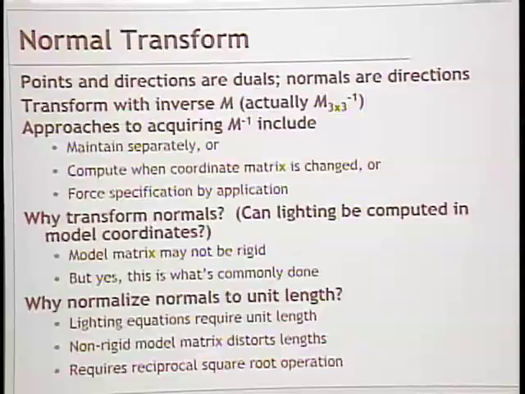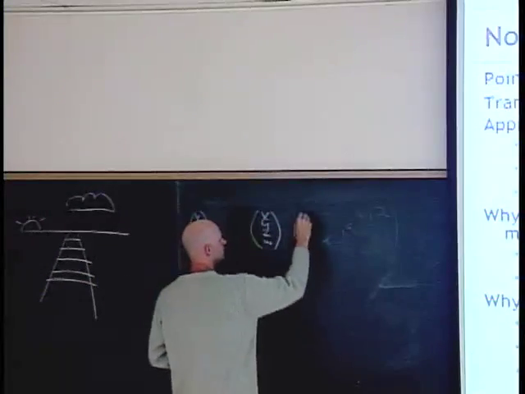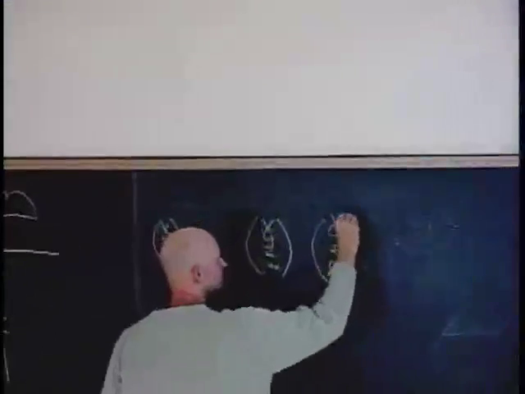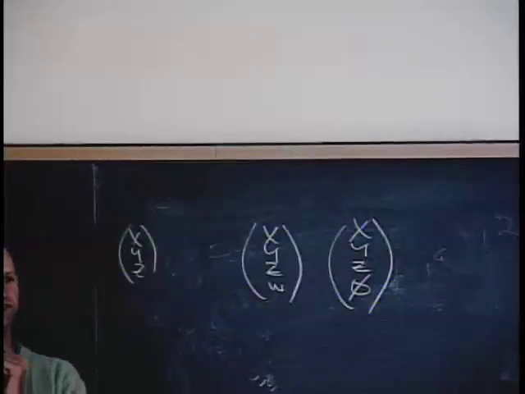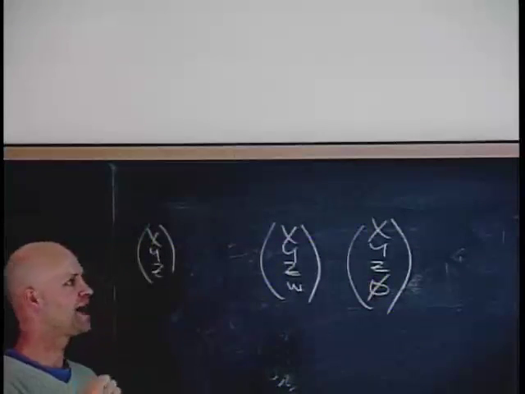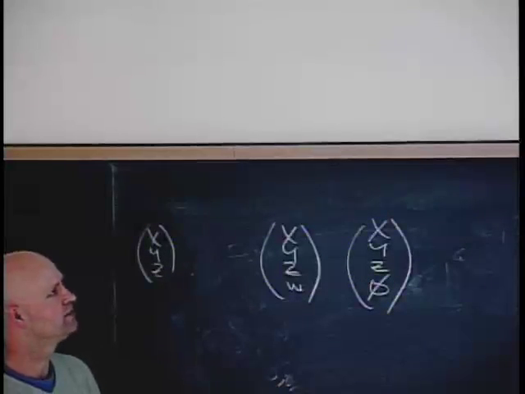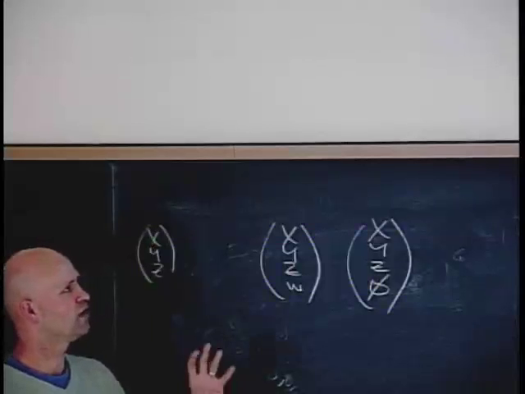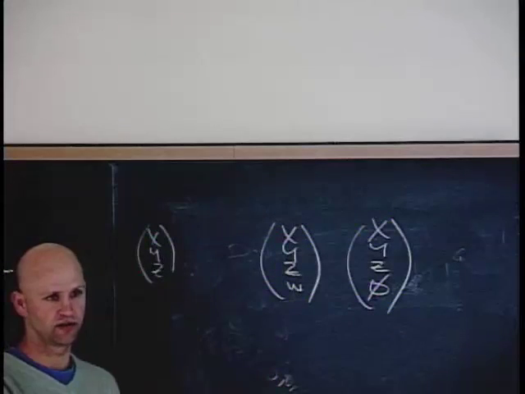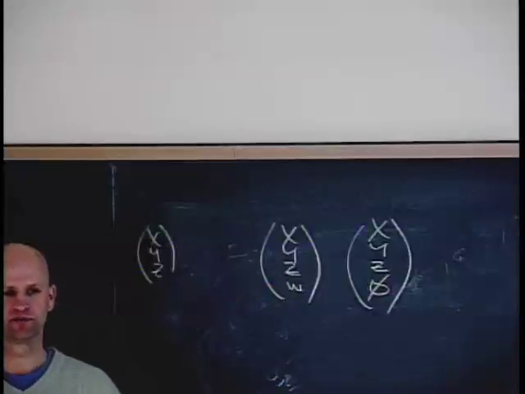So remember we talked about how XYZW is a point if W is not 0, but XYZ0 is a direction. It is good for you to think about a normal vector being a direction. It is sound mathematically to think about that. And so the math ends up working very nicely, such that when we transform a point with a particular matrix M, we should actually transform the vector with M inverse.